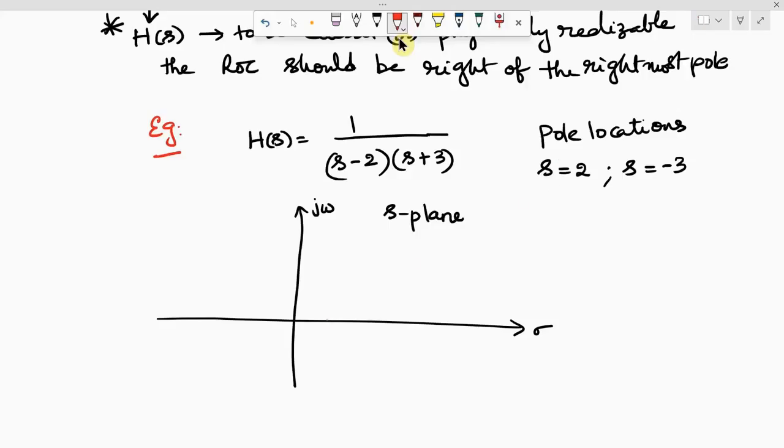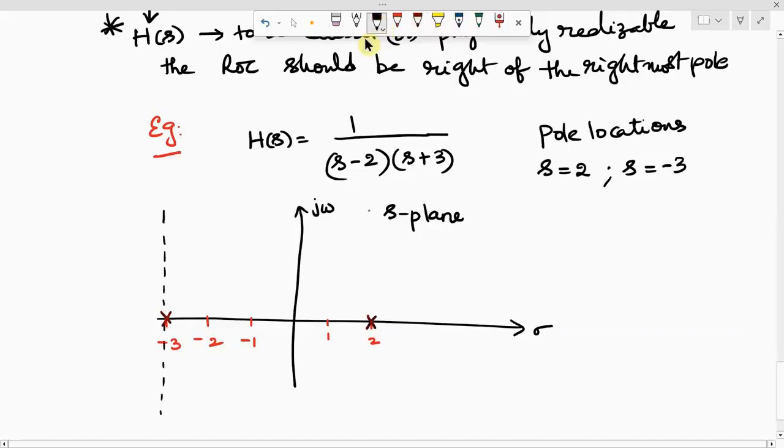This is 1, 2, minus 1, minus 2, minus 3. We have a pole at s equal to 2 and a pole at s equal to minus 3. Generally we draw a dashed line at the pole locations first.